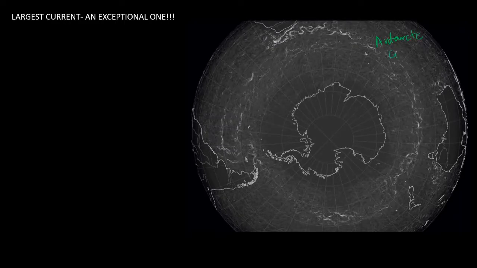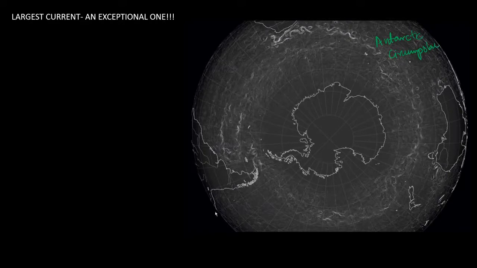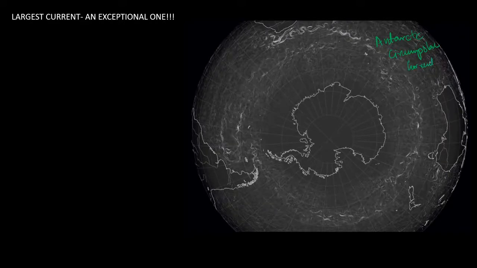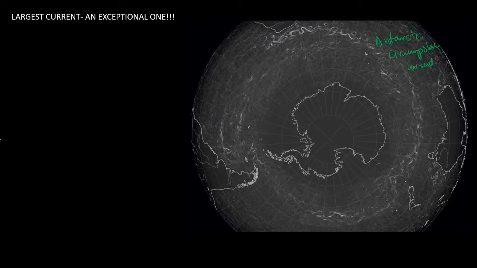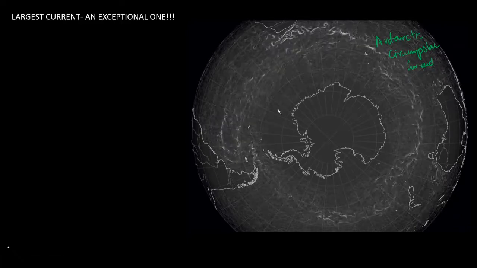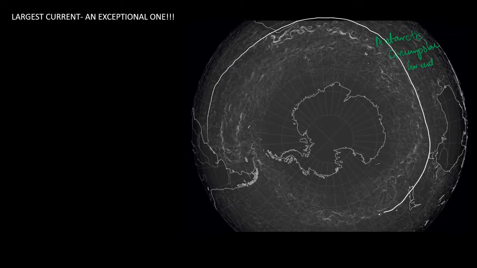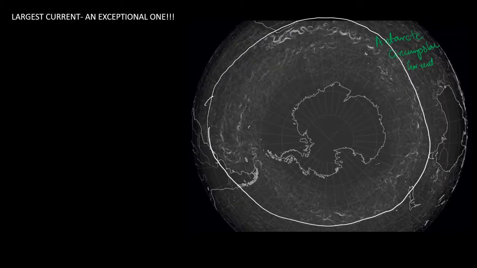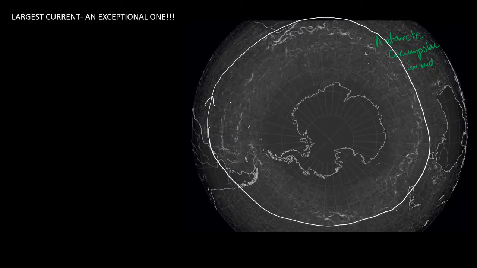You can see how big it is. It encircles the entire Antarctic landmass in a clockwise manner. It goes from west towards east, and then it encircles the entire Antarctica.